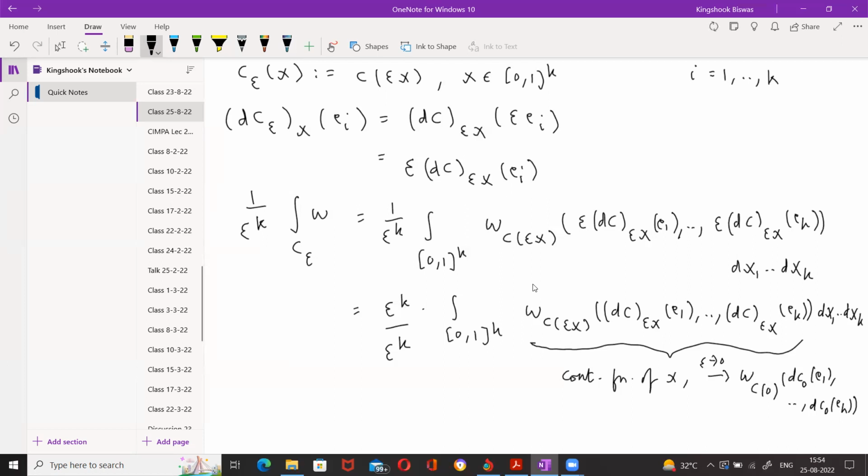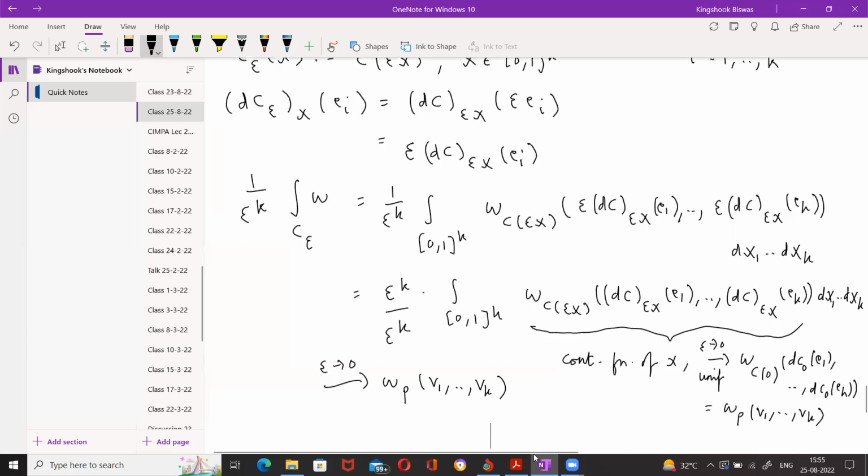The convergence is easily seen to be uniform. And this is nothing but omega at P applied to V1 to Vk. So the whole thing, after the epsilon to the k cancels, converges as epsilon tends to 0 to omega at P applied to V1 to Vk.